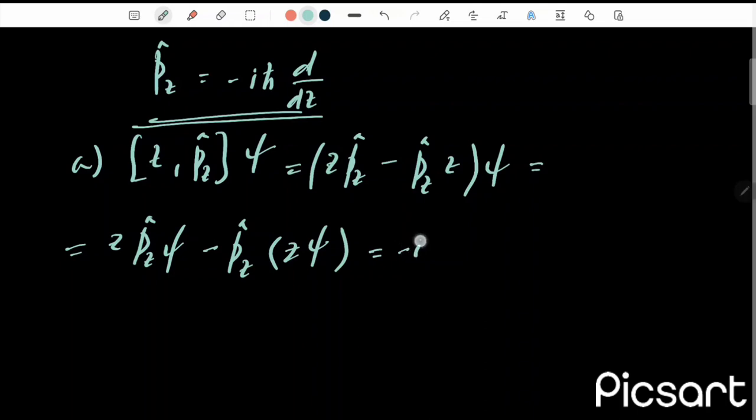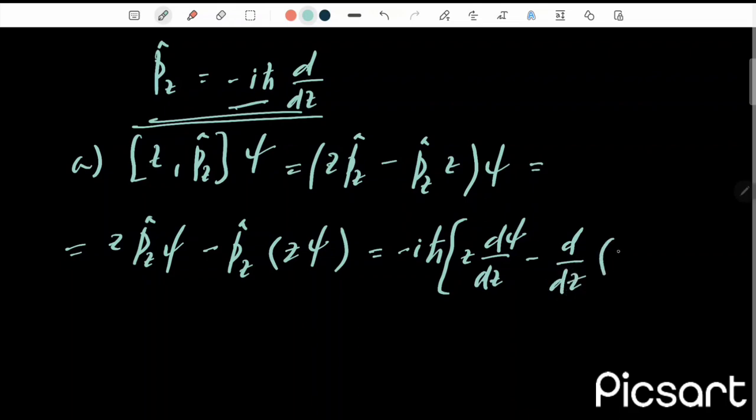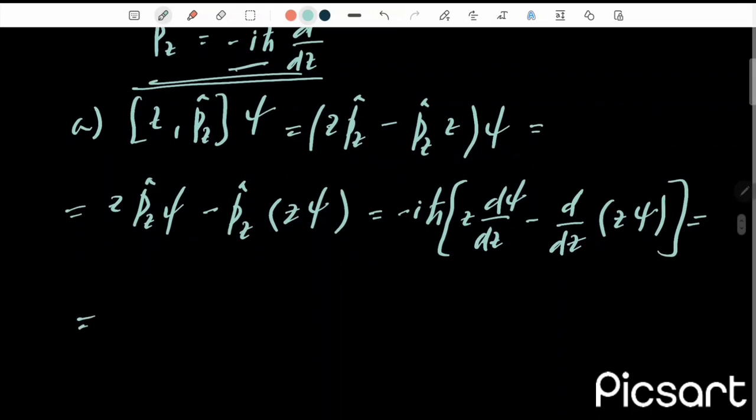We have minus i h bar, it's a constant, then we can take it out from all other elements in our exercise, and we have here z times d of psi over d of z minus now we have the derivative d over d of x of z psi.